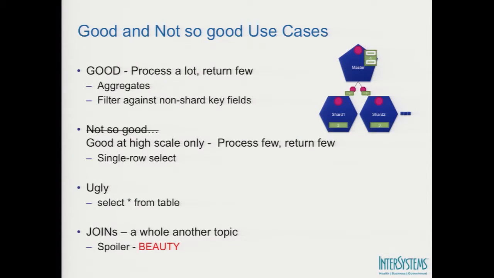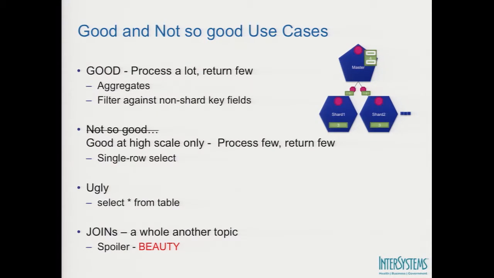But as your number of clients grows and you're doing a lot of these kinds of requests, the benefits of scalability of sharding totally overwhelm the additional expense of going back and forth between shards and master. So again, it would be good at high scale and high scale only, not for a single user scenario.